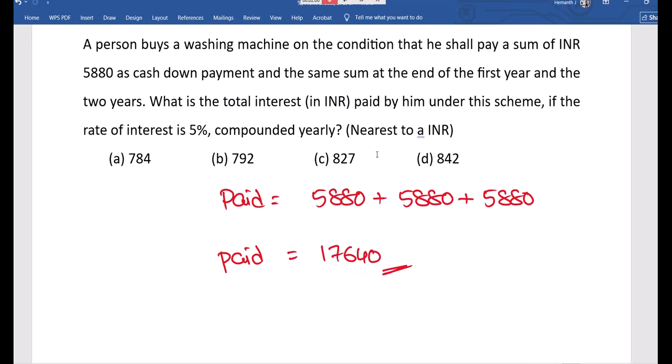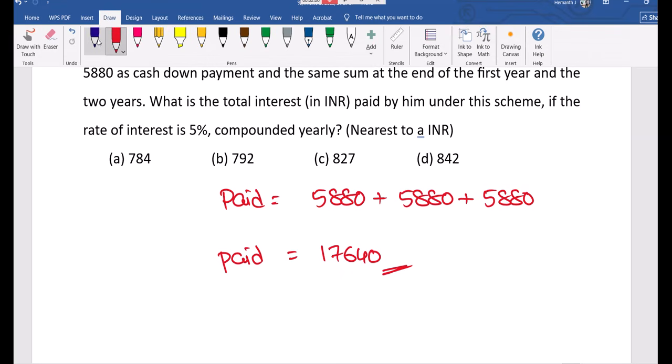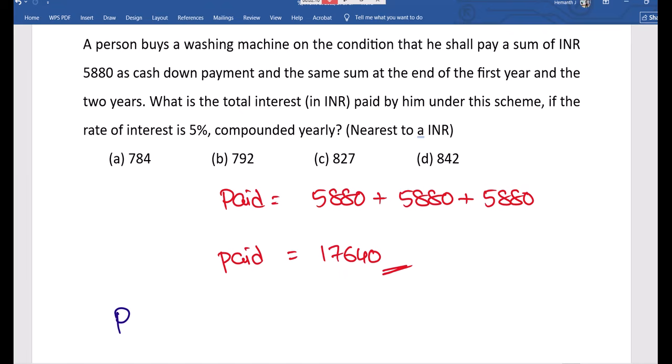First we have to make sure of the principal amount. Let's say the machine amount is P. They will definitely get this amount as P into 105% whole square, whether it is an EMI policy or whatever it may be.